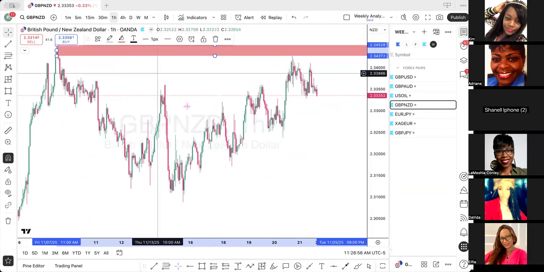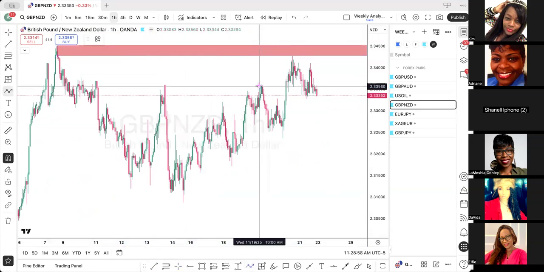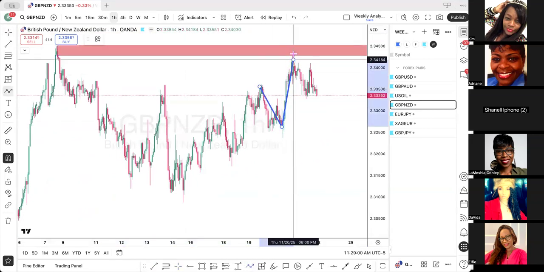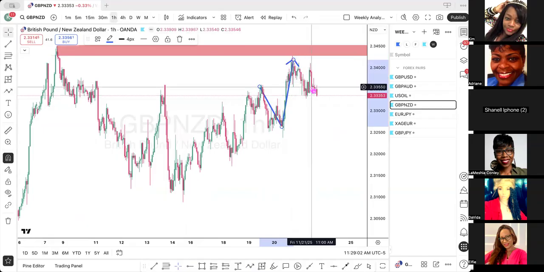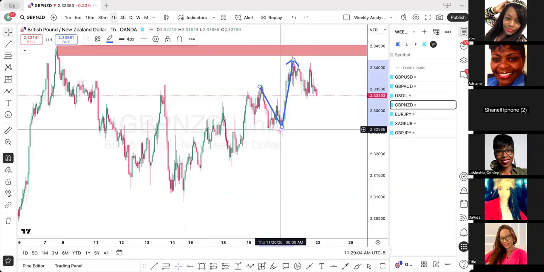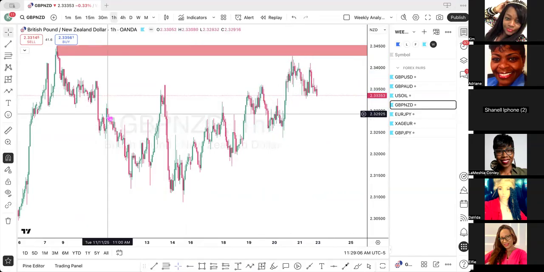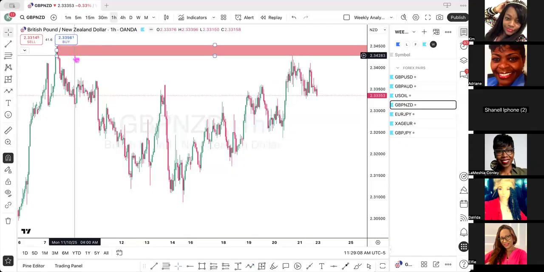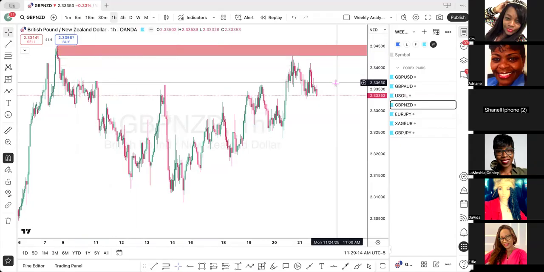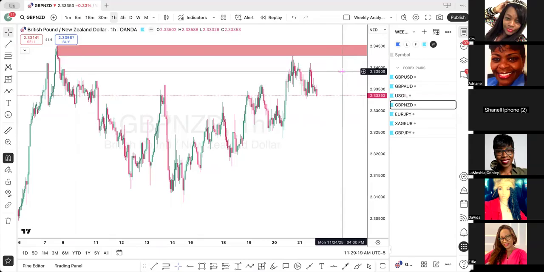So based on the 1-hour, this is the structure we're in right here, from here to here to here. So price is either going to take out this low, if this is a valid zone, or we're going to buy back up into here and then shift structure.